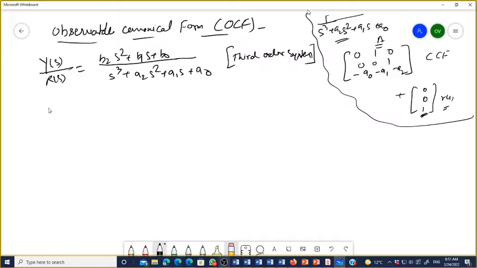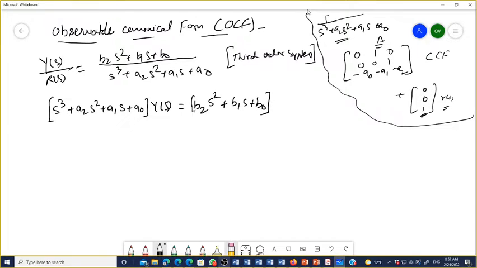This equation may be written as: s cube plus a2s square plus a1s plus a naught, into Y(s), equals b2s square plus b1s plus b naught, into R(s).